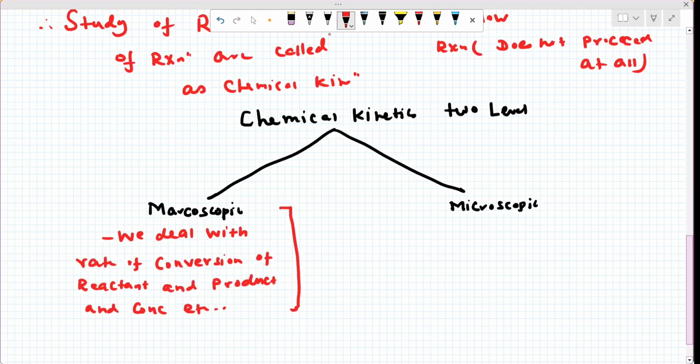It means order of reaction, so that is the macroscopic level.